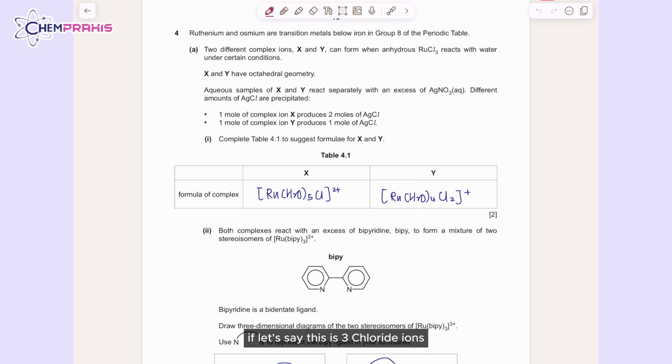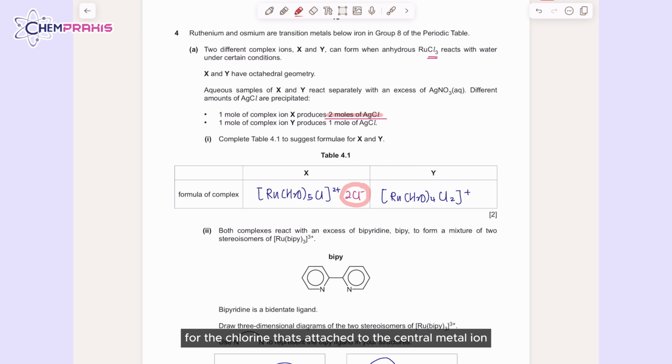If, let's say, there are 3 chloride ions, and you form 2 moles of AgCl, it means that you have 2 chloride ions ionically bonded to the complex ion, and these chloride ions can react with your silver ions to form silver chloride.